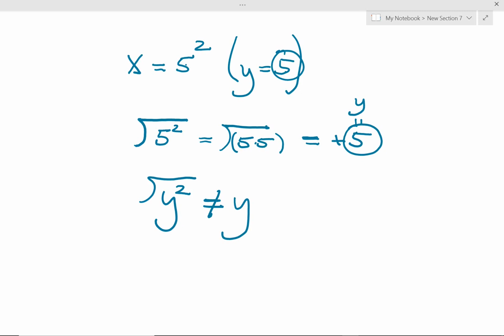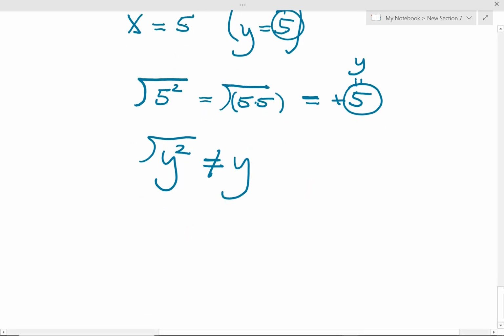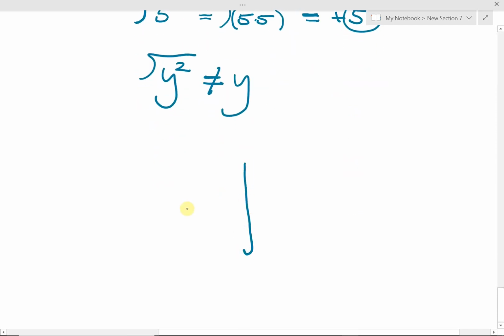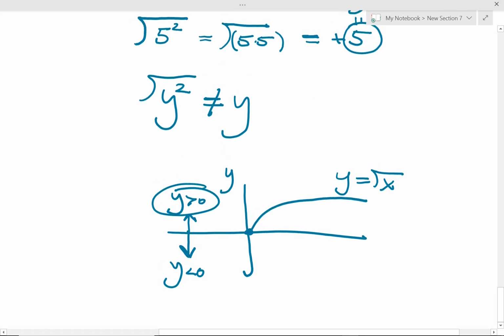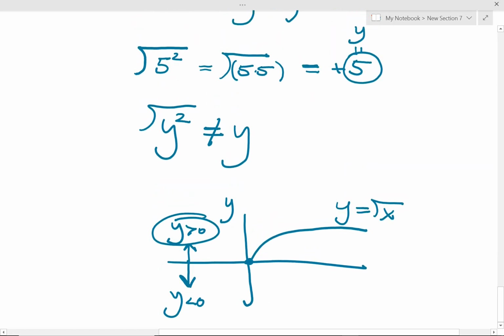The square root of a number, graphically, y equals root x, we'll get into this more later. Anywhere above the x-axis, y is greater than 0; anywhere below, y is less than 0. The value of the square root is always greater than 0. So what this actually equals is the absolute value of y.